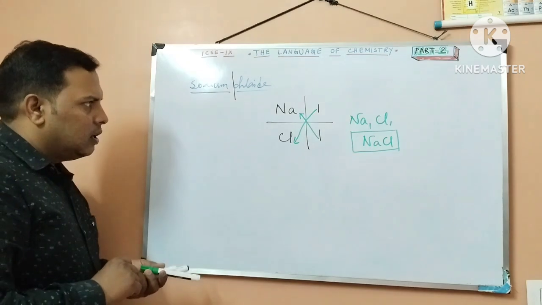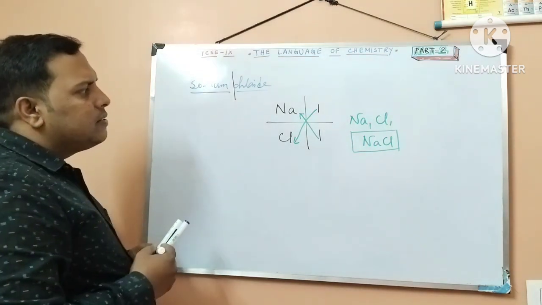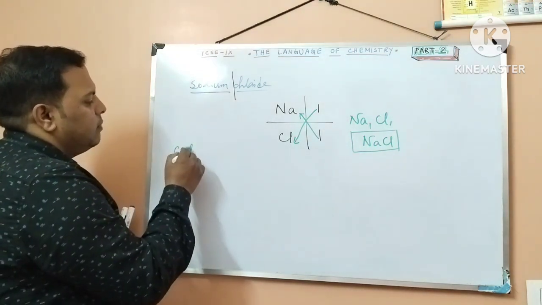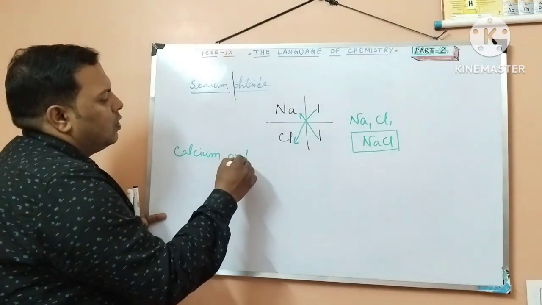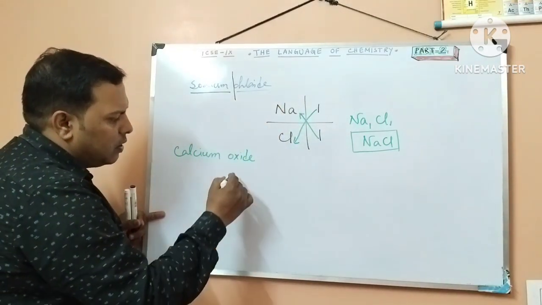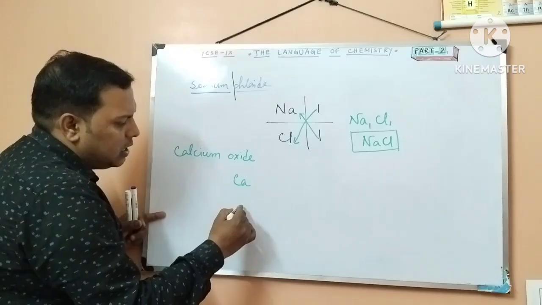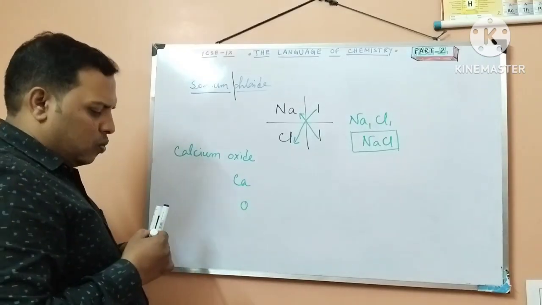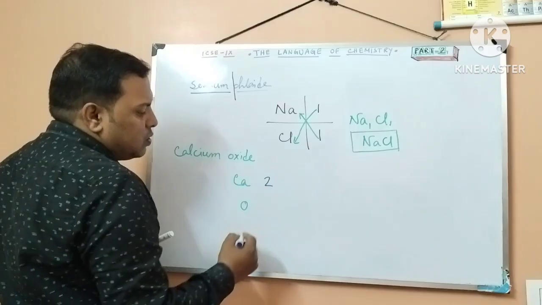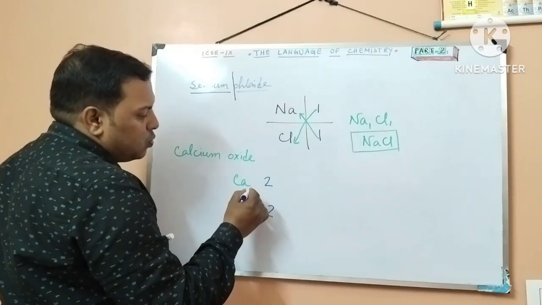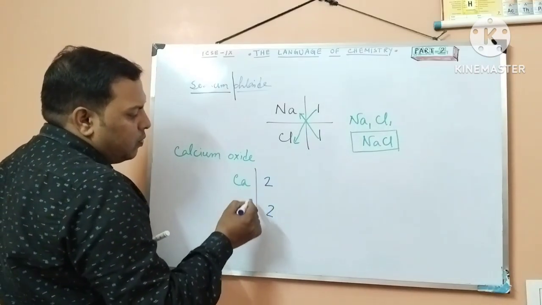Then come to a little bit more difficult one, such as calcium oxide. Let me write the name first. Calcium oxide. So what is the symbol of calcium? Ca, and that for oxygen is O. Write their valency. Calcium, the valency is 2. Oxygen also 2. So what will happen now?